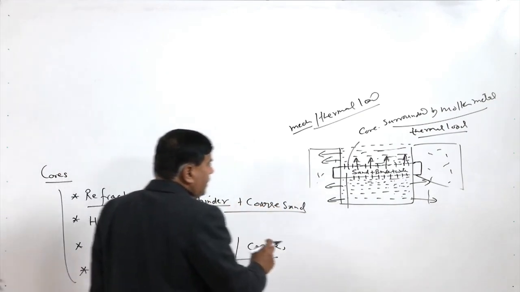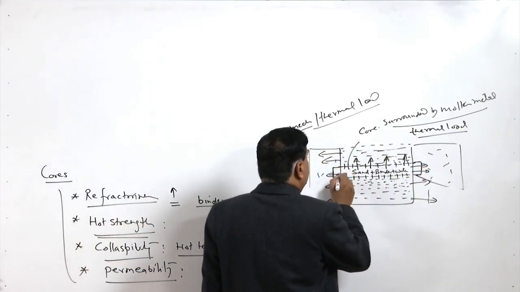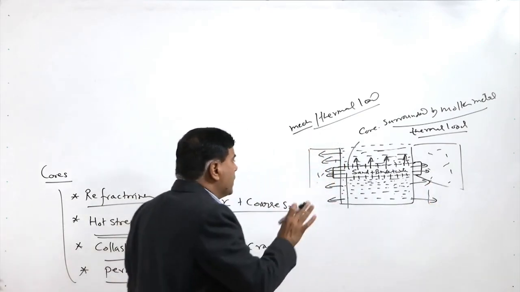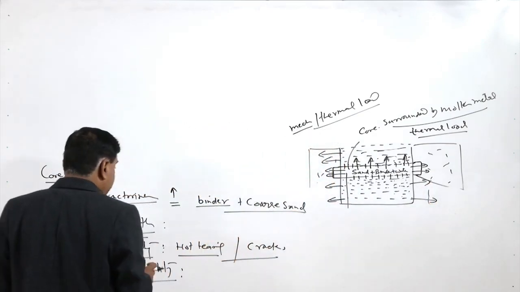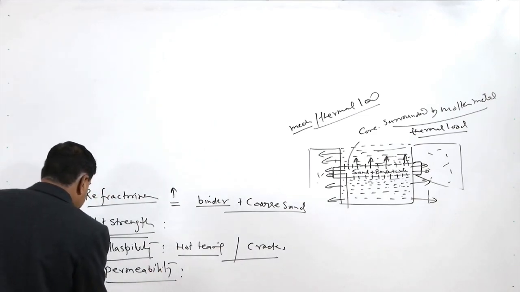Here a very limited passage is there for escaping of the gases, because from all around the core is surrounded by the molten metal. So, good permeability is needed.